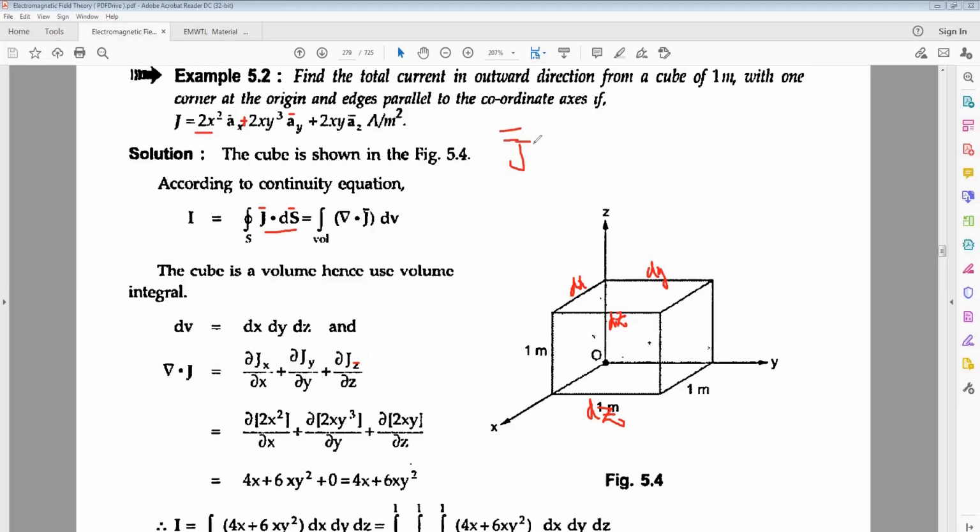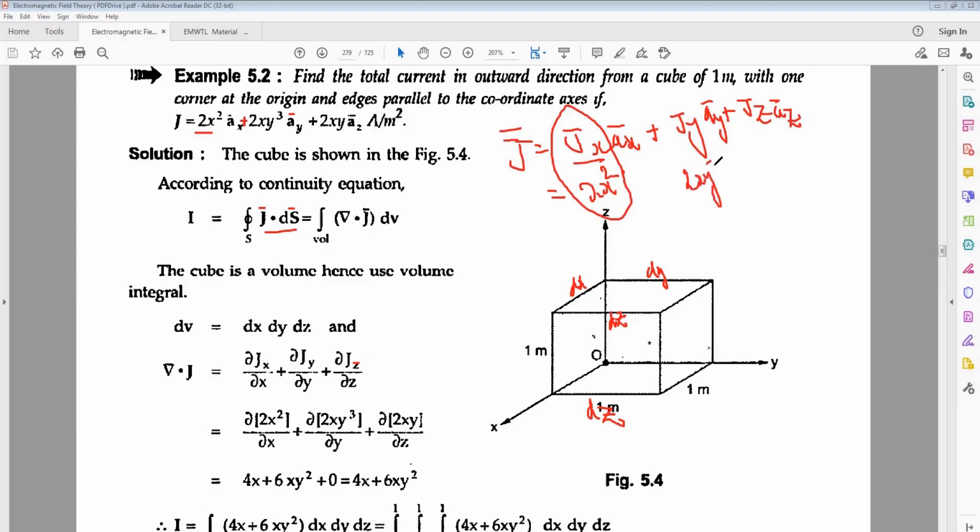So J bar is equal to Jx into ax bar plus Jy into ay bar plus Jz into az bar. Got it? The Jx term is given in the input function as 2x square, Jy is given as 2xy cube, and Jz is equal to 2xy.